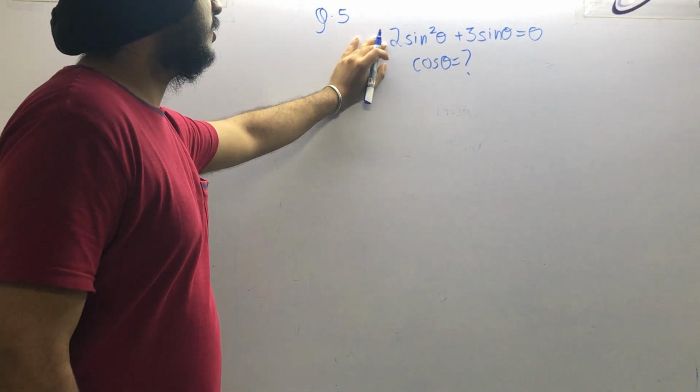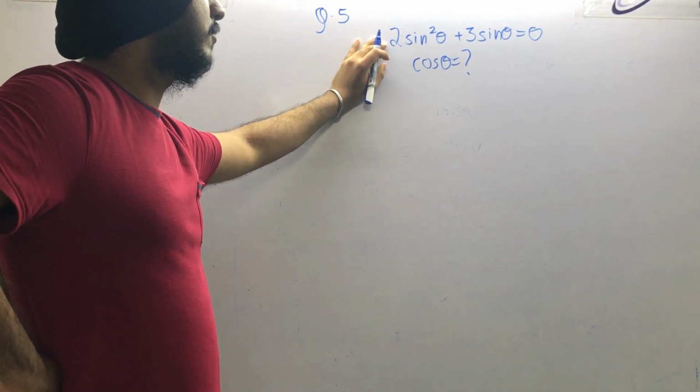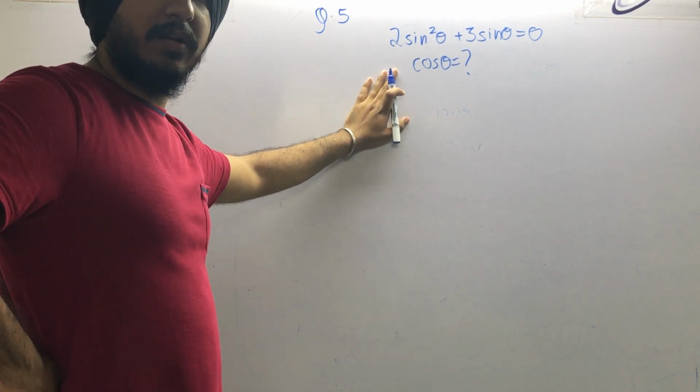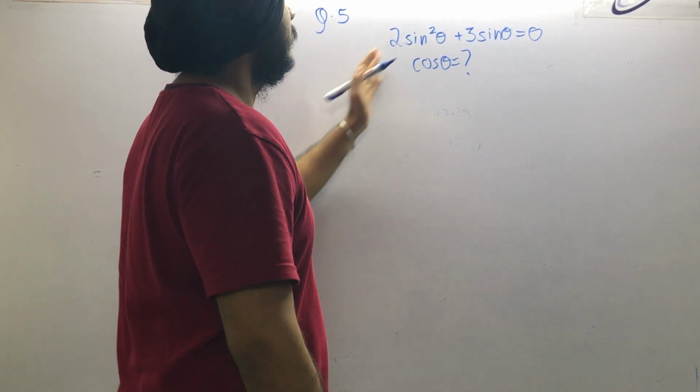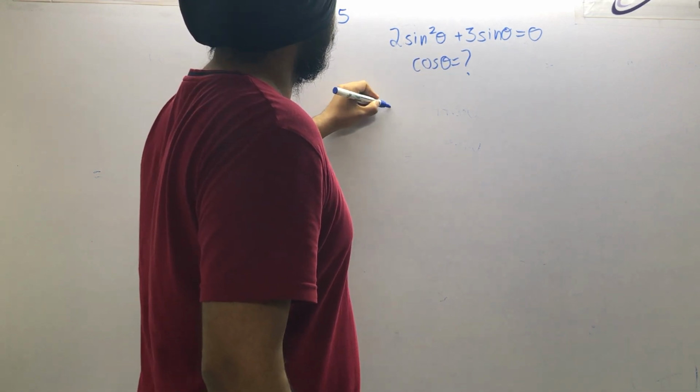So from this equation, if I can find sin theta somehow, then I can find out cos theta. Okay. So first we will find out the value of sin theta. So look at this equation carefully.